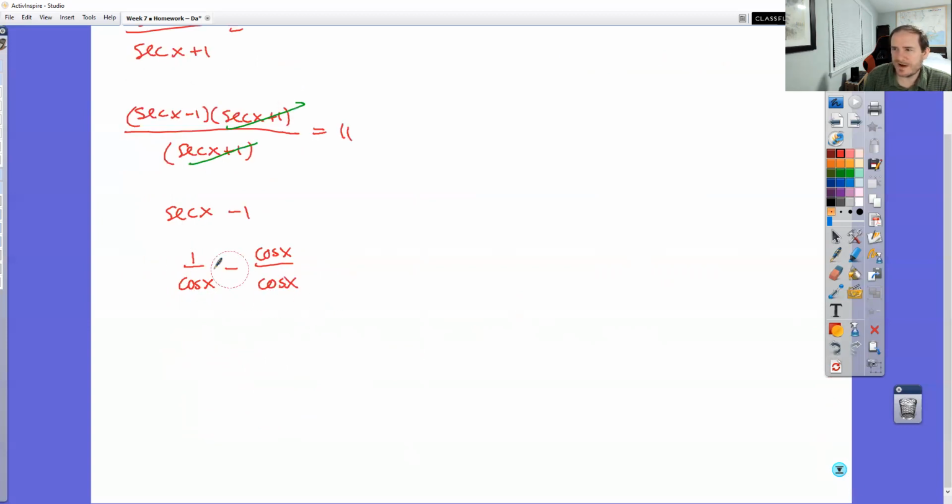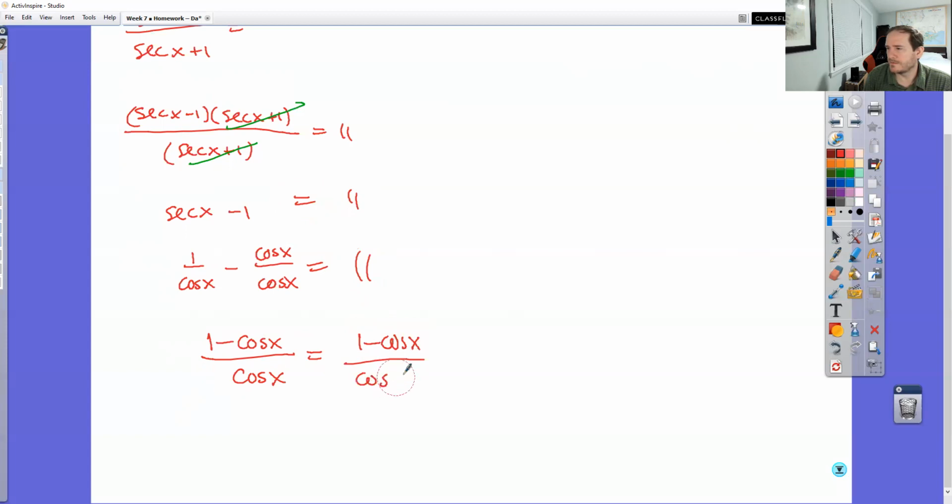Because when you're subtracting fractions like this, you'll subtract the numerators, 1 minus cosine, but you'll just keep that common denominator of cosine. And by the way, what did we want to equal? We wanted to equal this. So super proud. We did it.